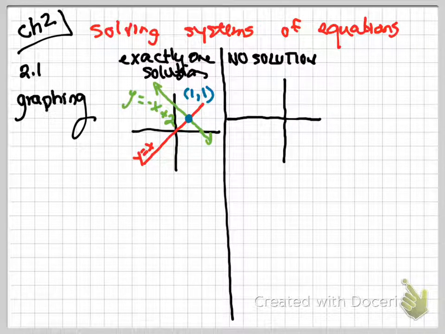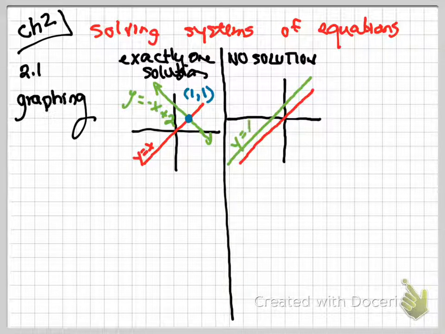Let's say we have the line y equals x, and then this other line right here, y equals x plus 1.